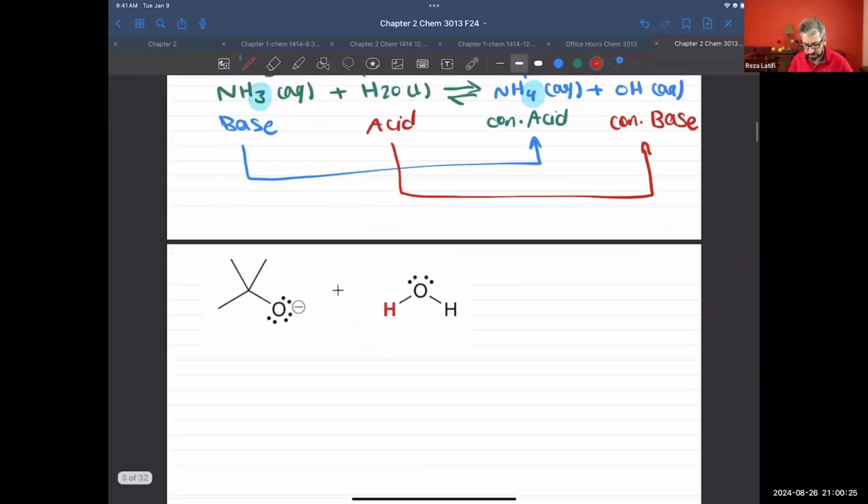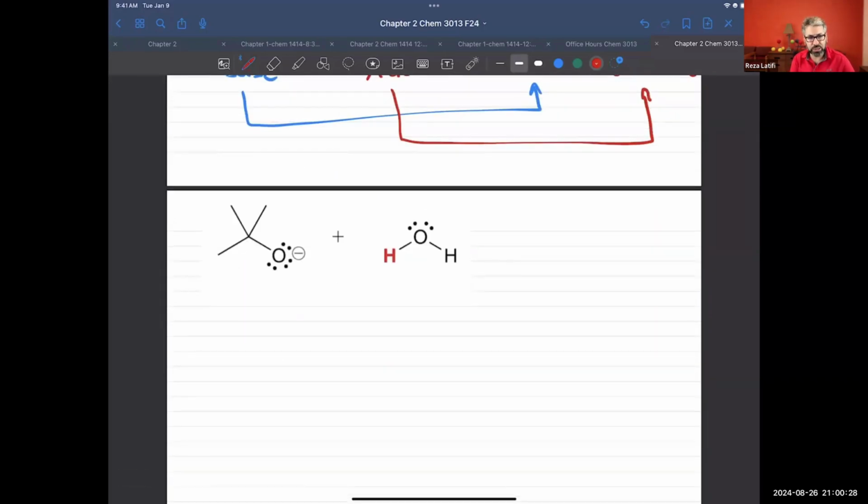Okay, another example. We have an ion with a negative charge. This ion is looking for H plus to be neutral, so it's going to take that H plus. In organic chemistry, we call this one tertiary butoxide. The ion tertiary butoxide reacting with water gives us alcohol plus OH minus.